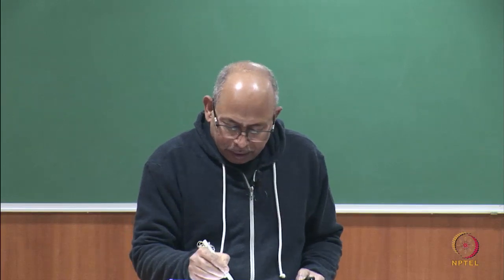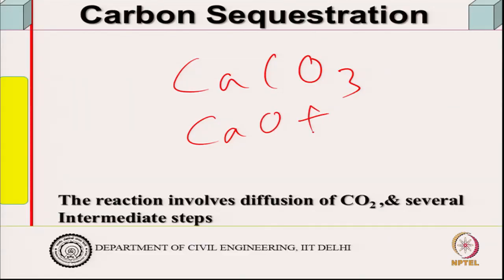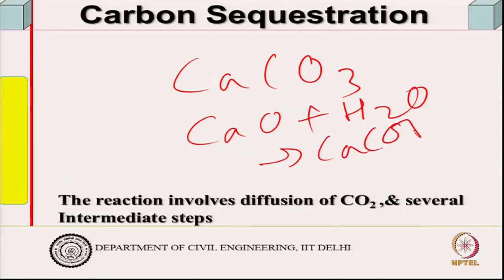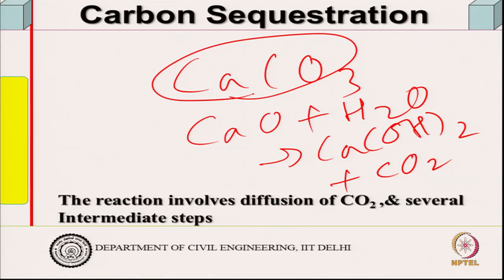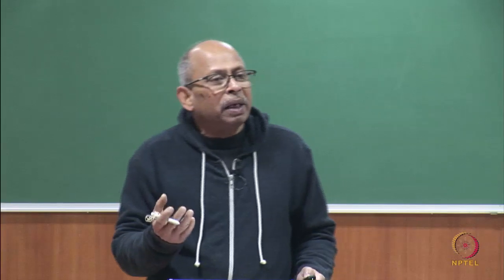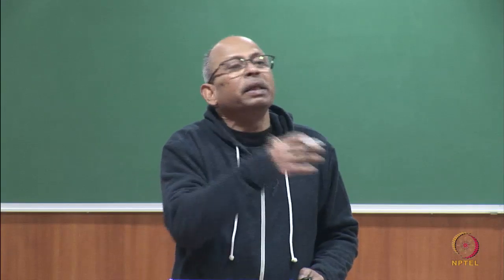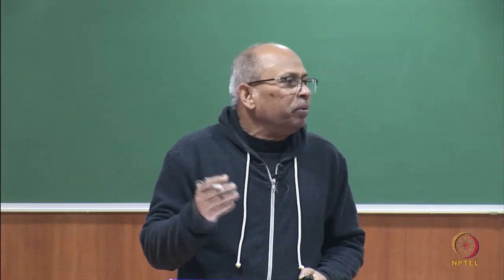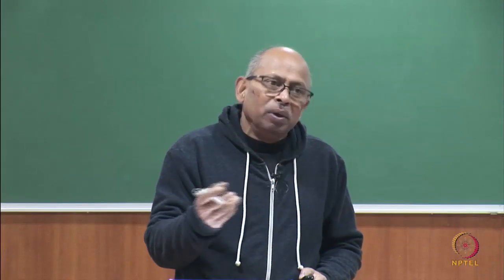Calcium oxide plus water will lead to calcium hydroxide, and this added to carbon dioxide will form calcium carbonate. So, the final stable state is this. You give energy to convert calcium carbonate into calcium oxide in the cement, and therefore it will always have a tendency to go back.